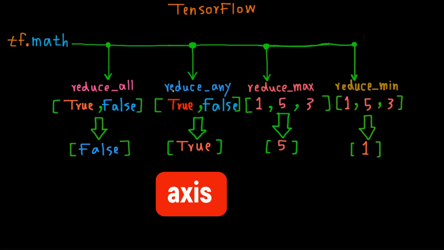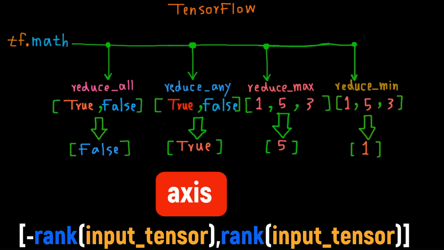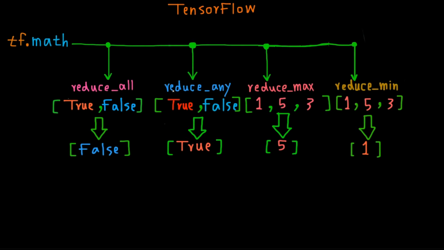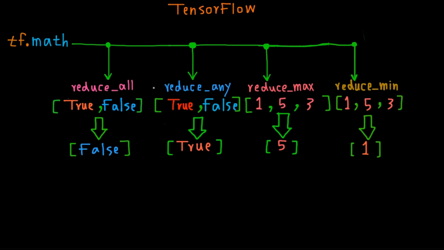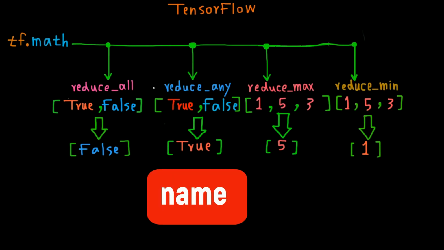The range of the axis argument must be between minus rank of the input tensor and the rank of the input tensor. And the third argument is the keep dimensions argument. If you set it to true, the reduce all function returns reduced dimensions with length 1. The last argument is name, which is a name for the operation.